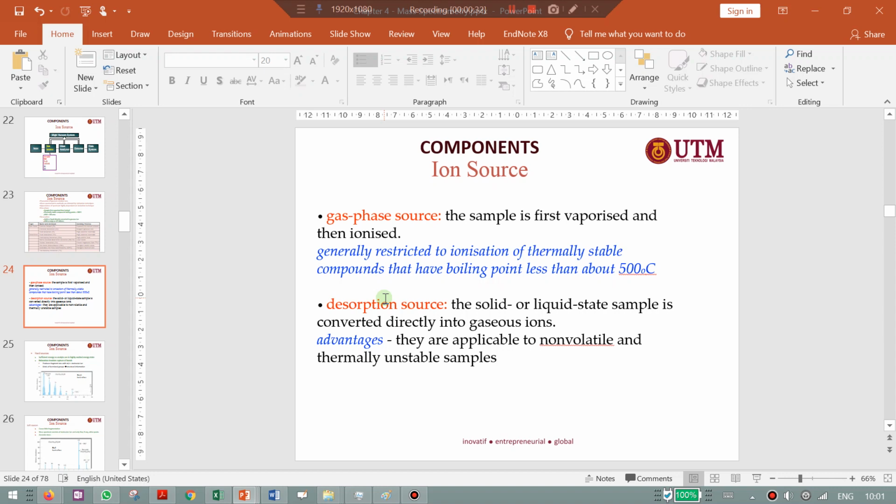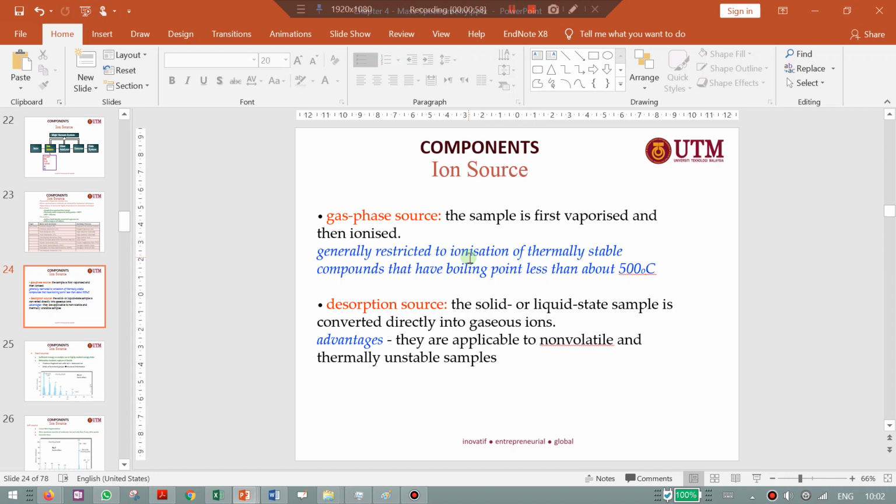The advantage of the desorption source is that it is applicable to non-volatile compounds as well as thermally unstable samples such as explosives. The gas phase source is generally restricted to ionization of thermally stable compounds, just vice versa to the desorption source.